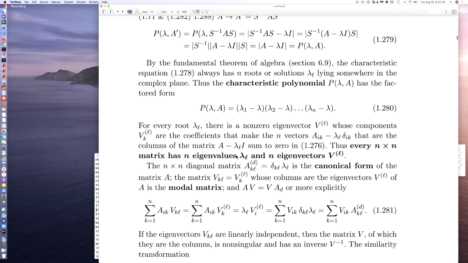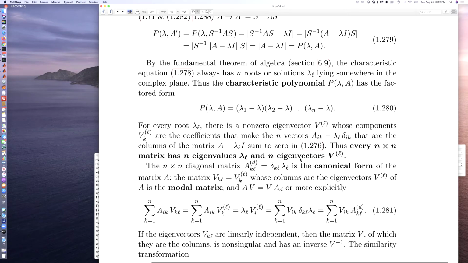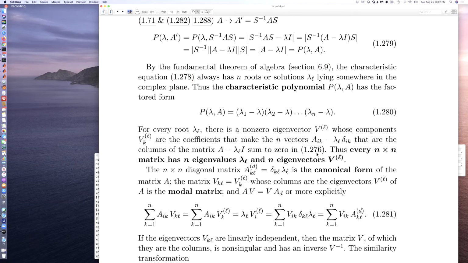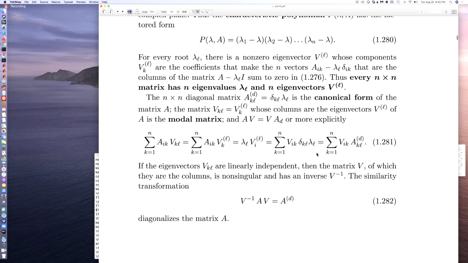These n eigenvalues need not be different, and the n eigenvectors in general are different, but for defective matrices they may not be. So basically every n by n non-defective matrix has n eigenvalues and n linearly independent eigenvectors.